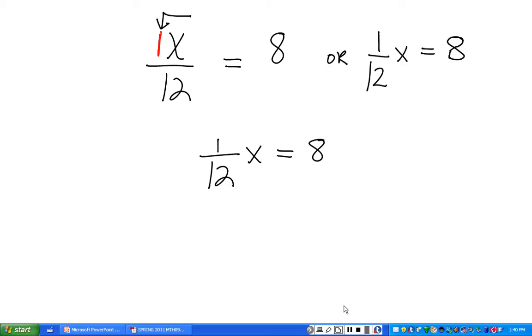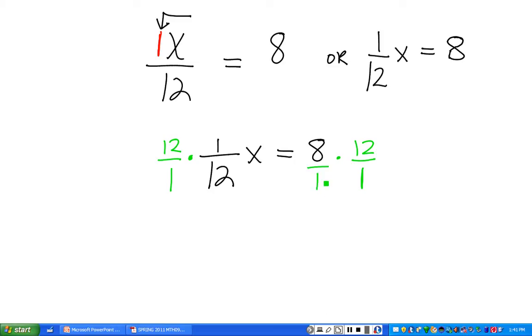So the reciprocal would be 12 over 1. Now, of course, 8 is the same thing as 8 over 1, right?